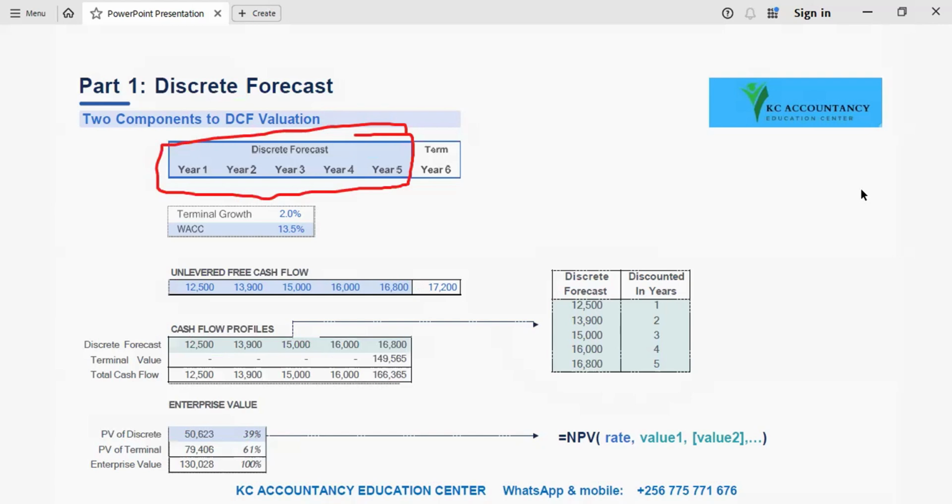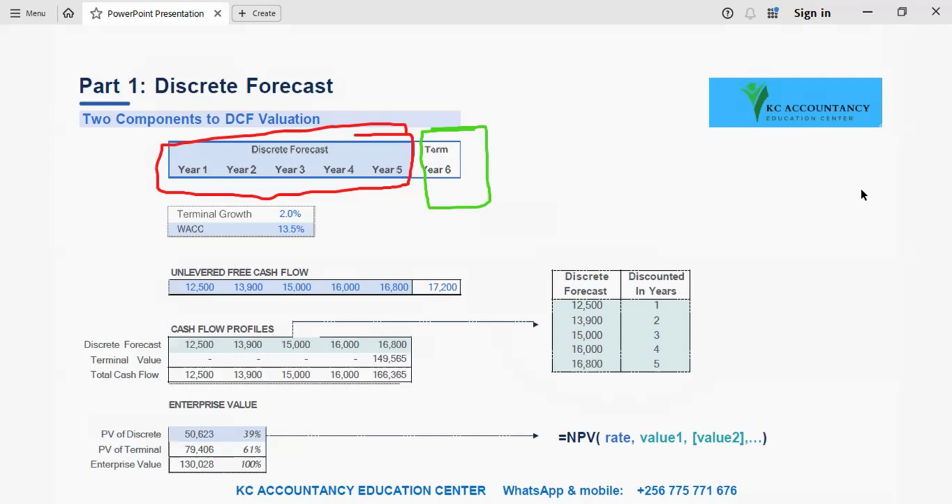And after 5 years, this point right here, we expect the company's growth to be going at a steady state, in line with the growth of the overall economy.